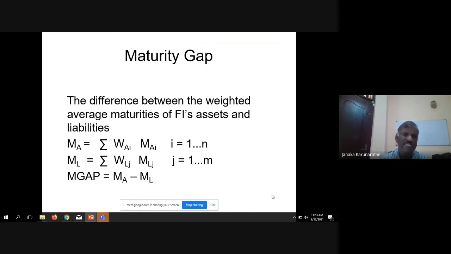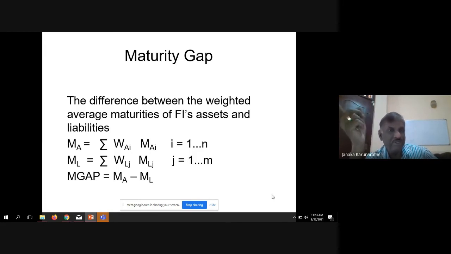So if you take the individual asset weight in the balance sheet and multiply by the maturity of that asset, you will get the entire balance sheet maturity of assets. Similarly, maturity of liabilities is equal to the weighted average of individual liability times the maturity of individual liability. So when you compute MA and ML, that is maturity of assets in the entire balance sheet and maturity of liabilities, you will end up with M gap.